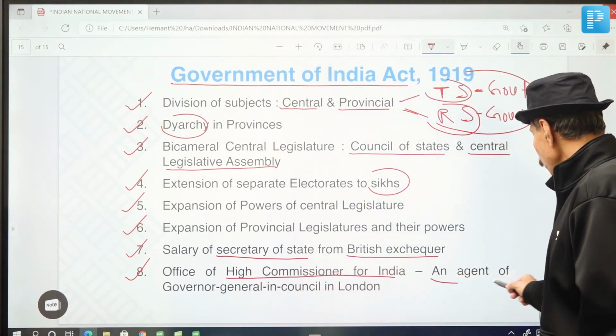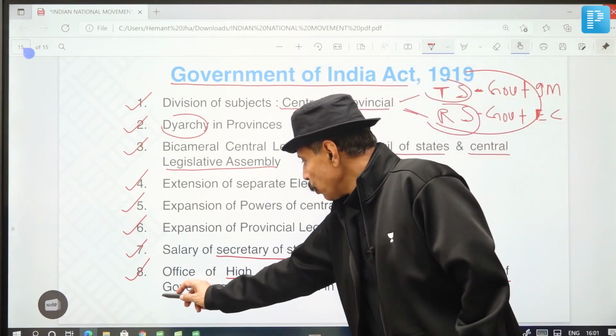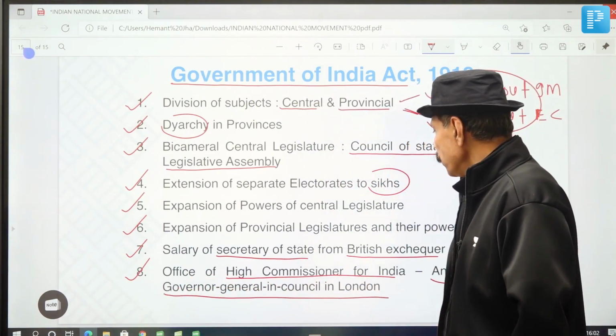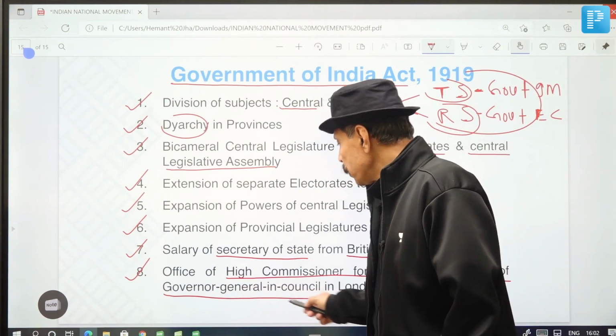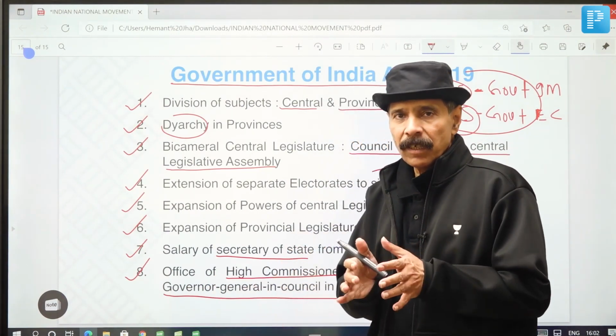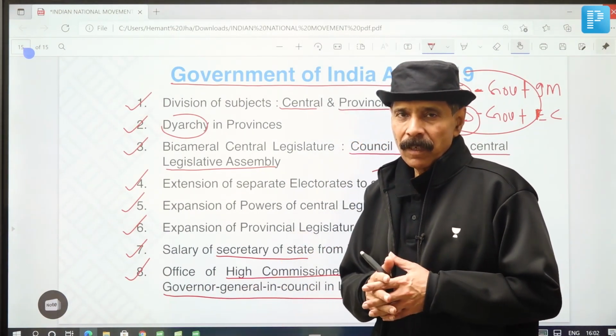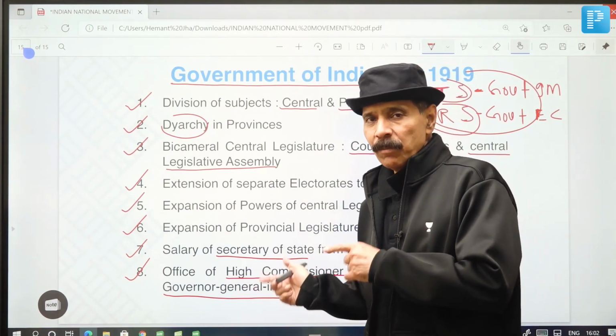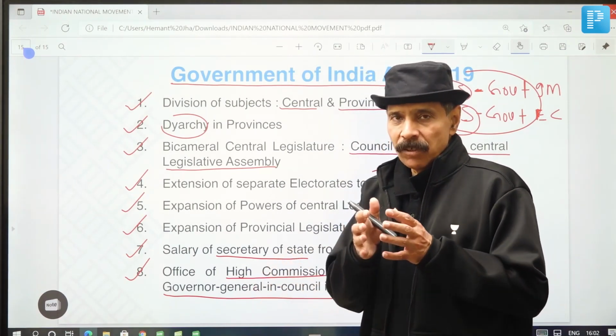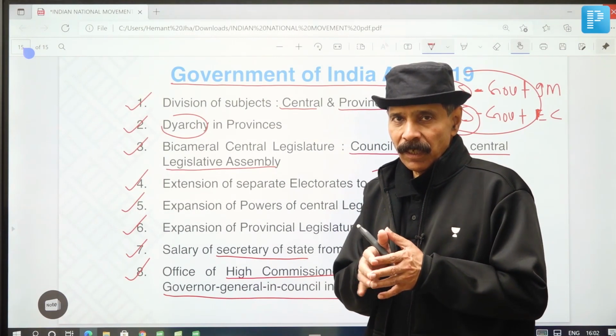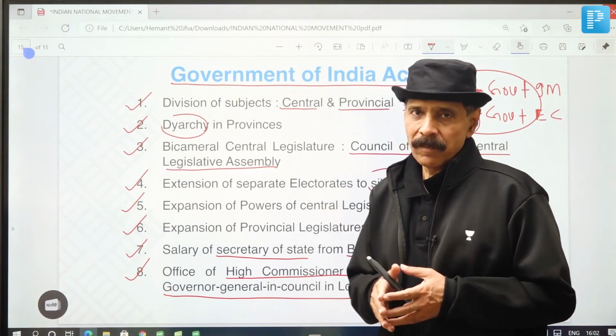He was an agent of Governor General in Council in London. And Governor General in Council means Governor General or Viceroy plus his council. So the High Commissioner represented the Viceroy or Governor General of India and his council in London.